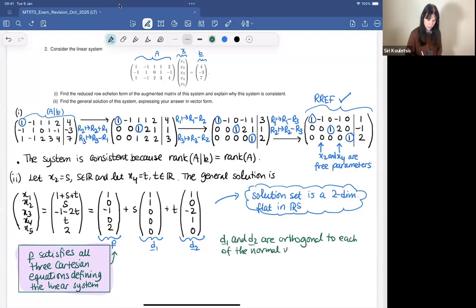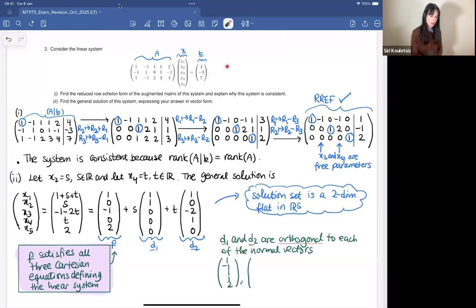And let's write down those normal vectors. You're simply looking at each equation here. x1 minus x2 plus x3 plus x4 plus 2x5 equals 4. That's the first equation, and so on.